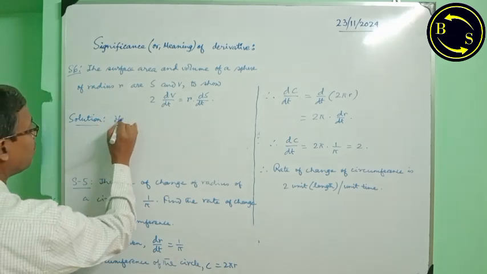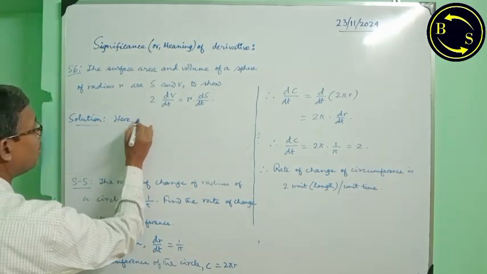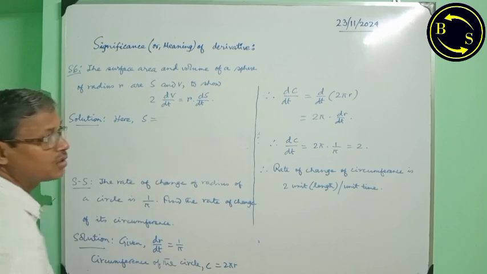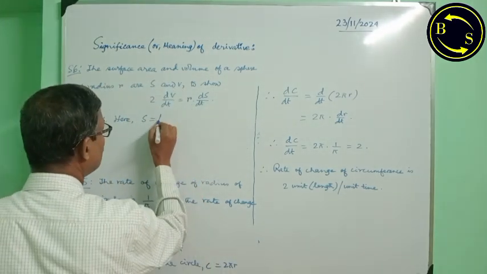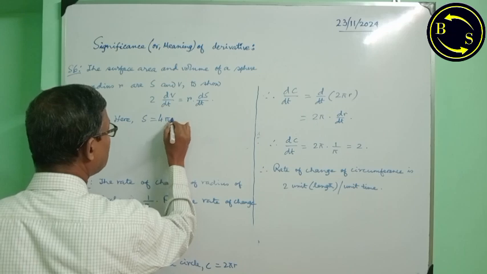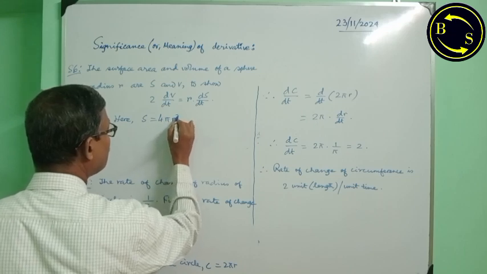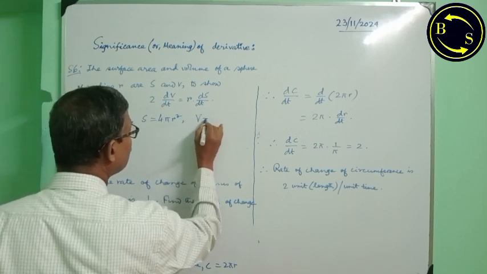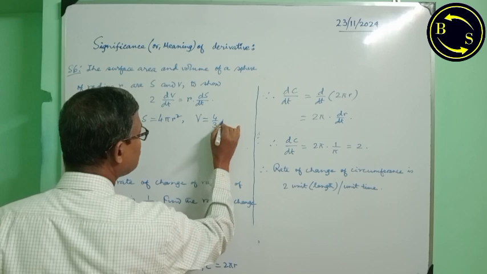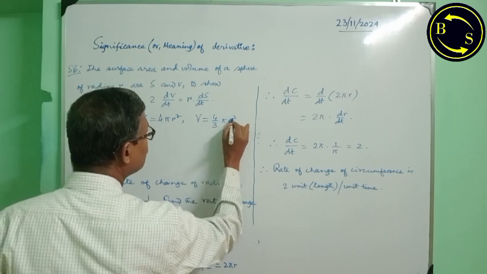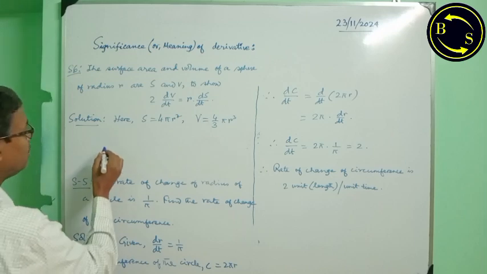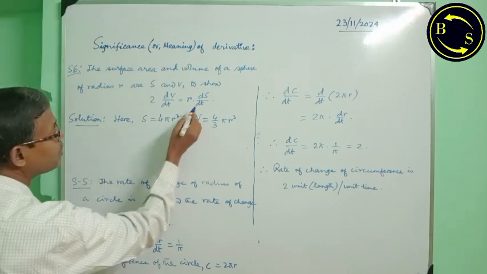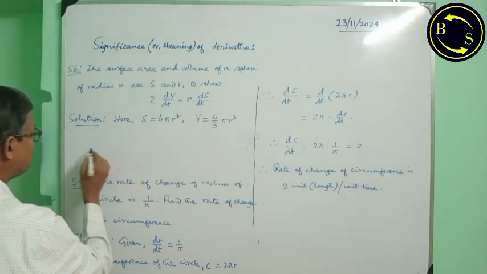Here, S, that is surface area of sphere, is 4 pi r square, and volume is 4 by 3 pi r cube. First I find ds dt.